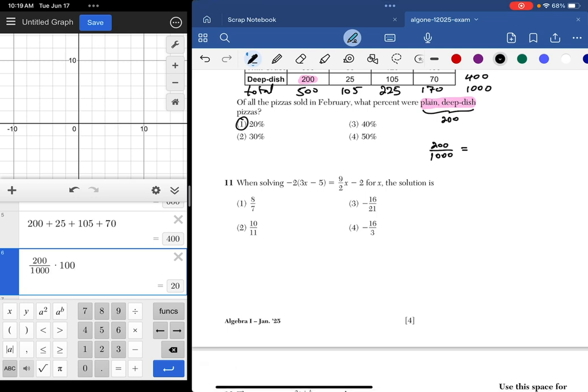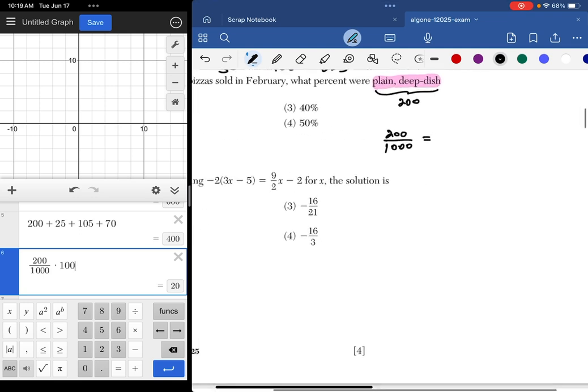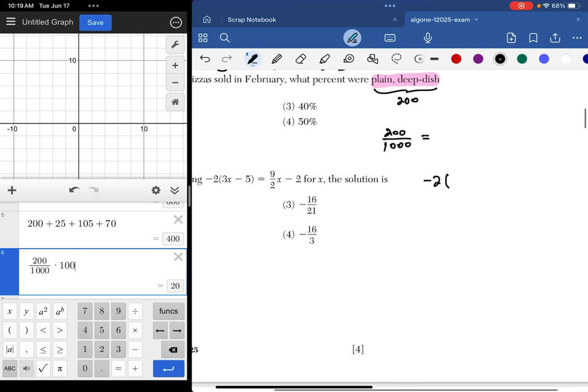Number 11, solve for x. So I'll rewrite. We have negative 2, 3x minus 5 is equal to 9 over 2x minus 2. All right, so there's a few different ways to handle it, but ultimately I want to try to get the x's together on one side of the equation and everything else on the other.